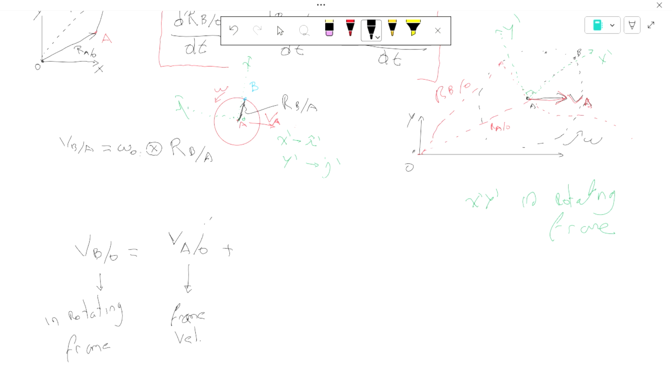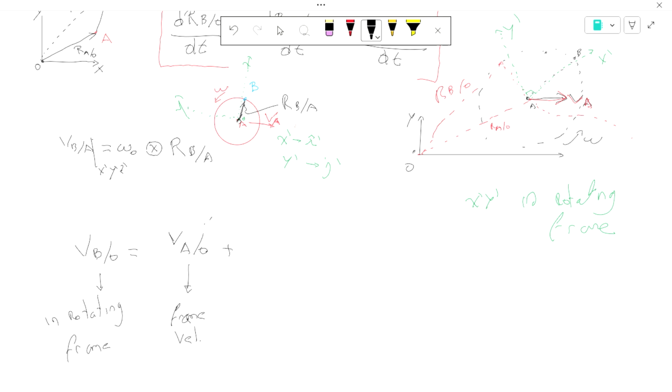Okay, so in that case, we're good because what we need to do is say, okay, so I have my velocity of A with respect to O. Now we have to put my velocity of B with respect to A. But the interesting part is that this has two components. This is only with respect to X prime, Y prime, Z prime. Z prime is perpendicular to X and Y, right?